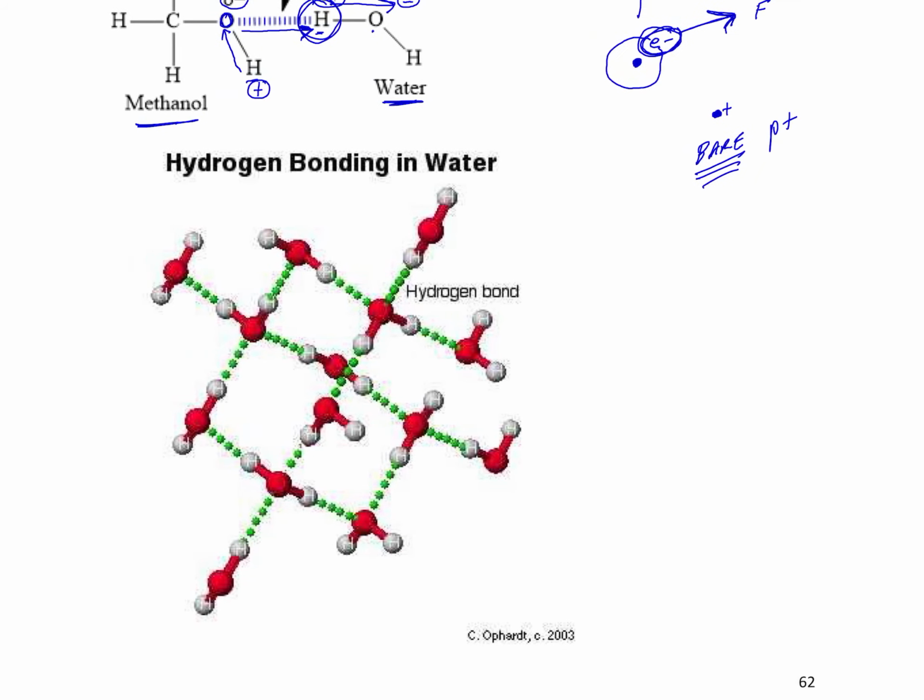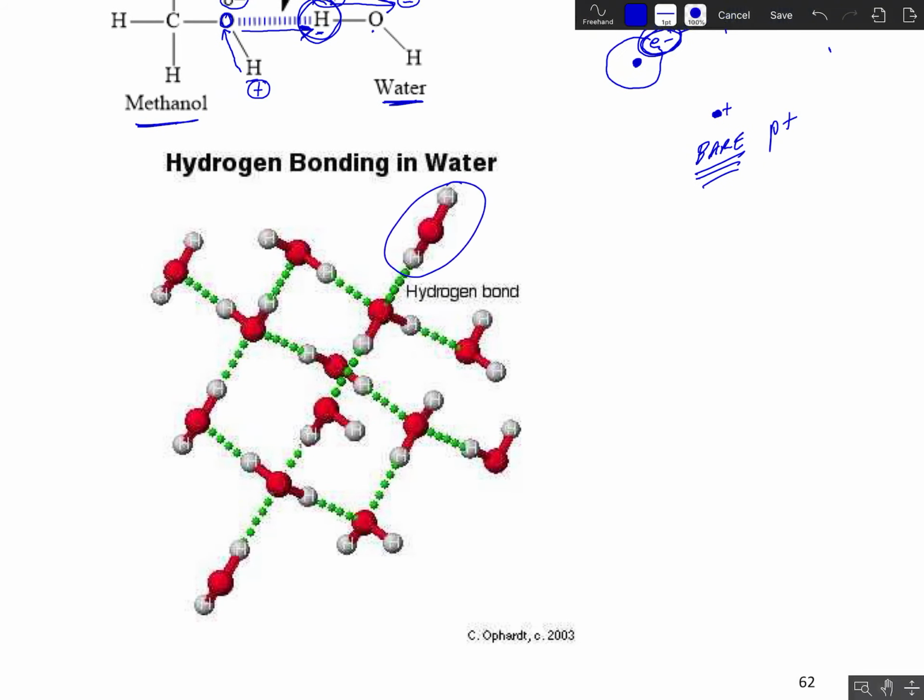Here, let's look at hydrogen bonding in water. This is a water molecule right here, and this is a water molecule right here. This bond and this bond within the water molecule are called intramolecular. They're within the molecule. And we learned earlier that those are called covalent bonds.